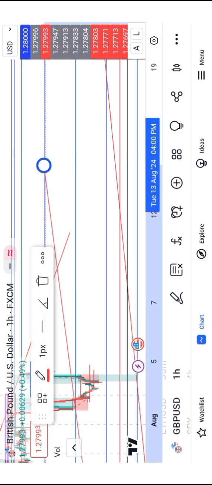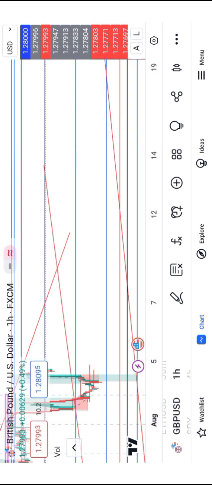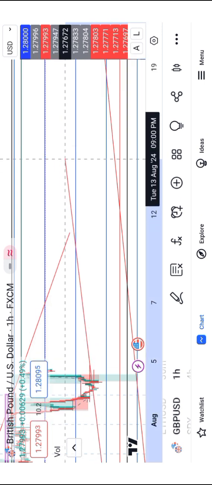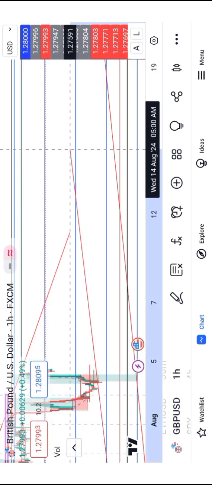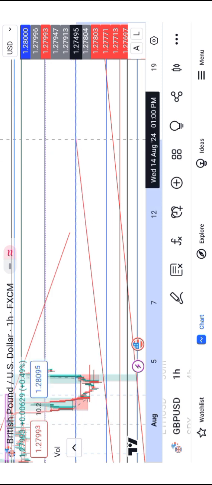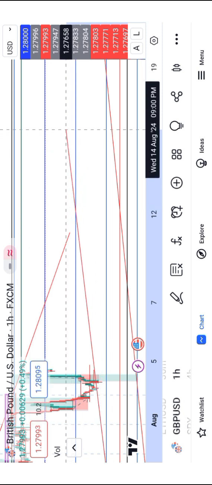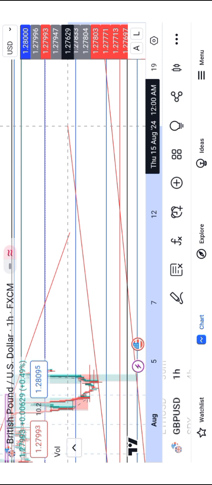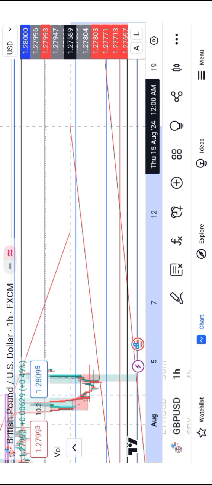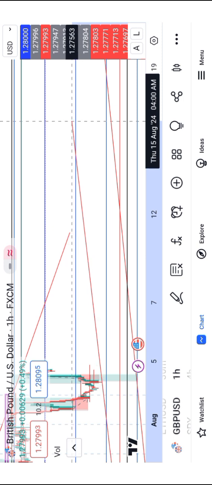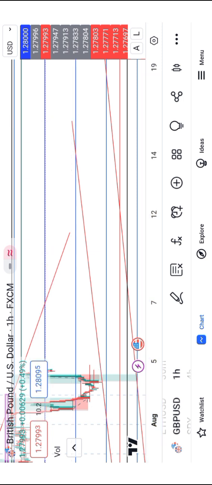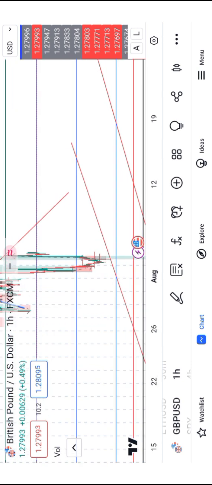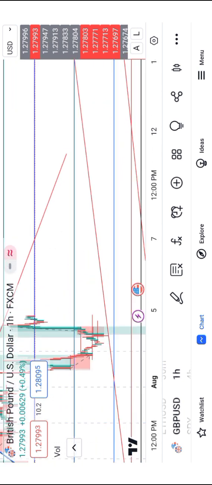This was the way it was, but we have to adjust it to this point here, or we can do it like this, but I would prefer we do it like this for now, because that is where price formed it. Because if we do it like this, it is very fine. Okay, like this. So we have our trend line adjusted and ready for the new trading week.